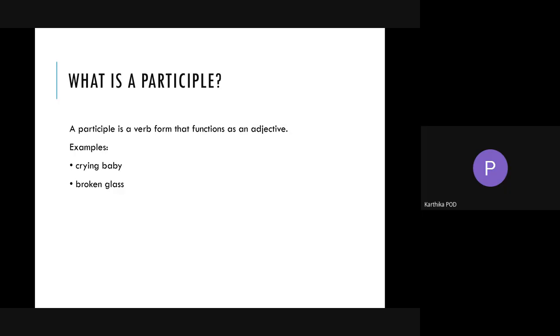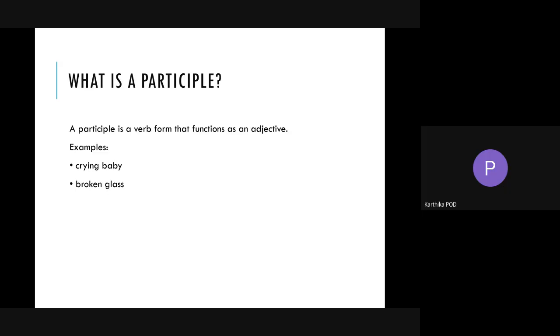For example, look at this. The crying baby was finally put to sleep. Here, the crying baby is a participle. And why do I say that?